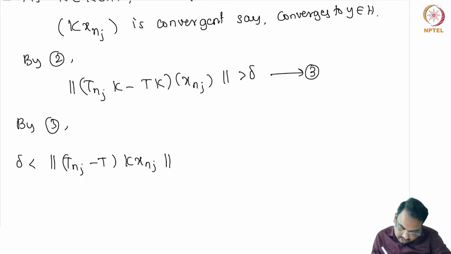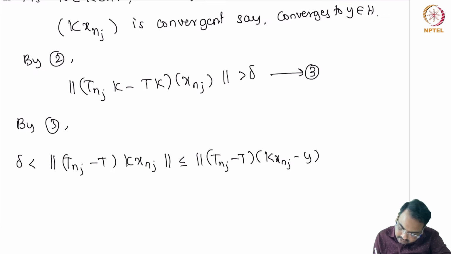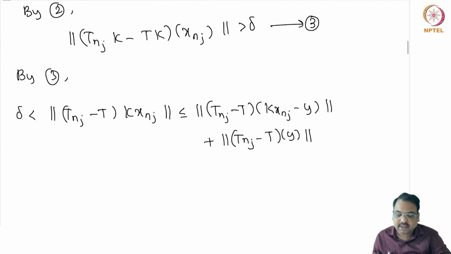Now this is less than or equal to norm of Tnj minus T acting on K xnj minus y, plus norm of Tnj minus T acting on y, by triangle inequality.